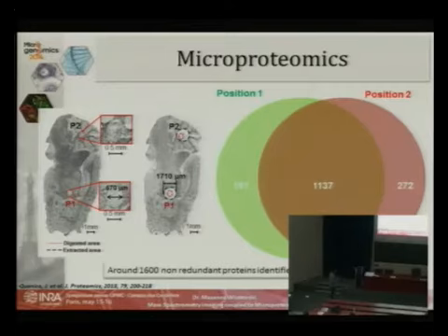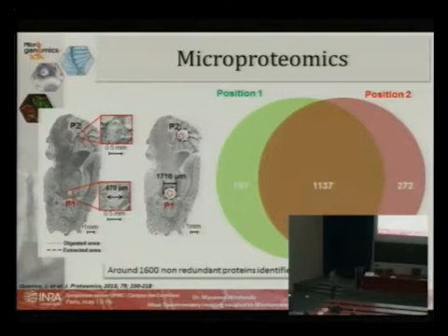And we can achieve the identification of more than 1,600 proteins in these two regions only by extracting the peptides obtained on a tissue section of 10 micrometer thickness. And we also keep the information of localization by realizing this type of experiment.